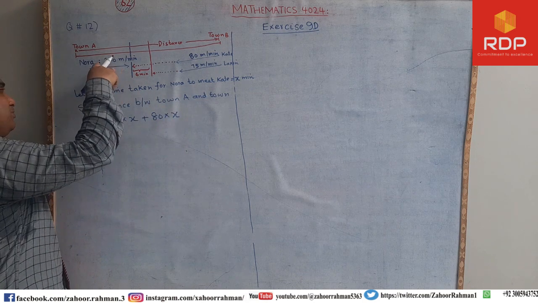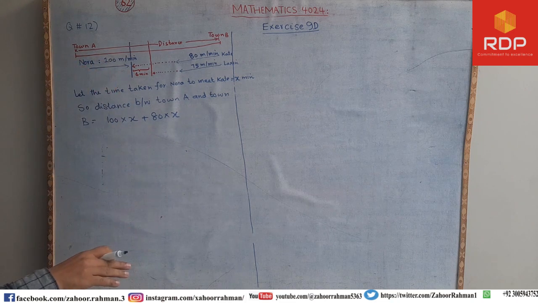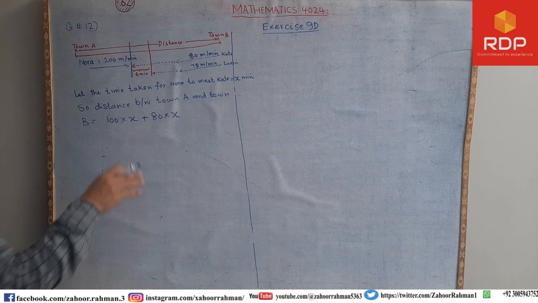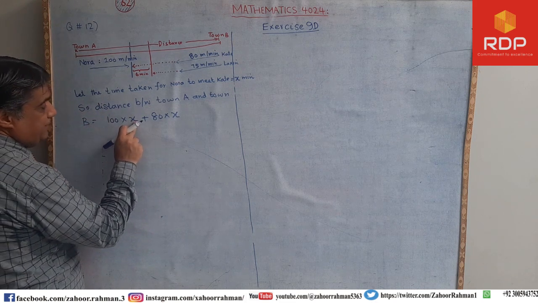Speed is equal to distance divided by time, so distance is equal to speed multiplied by time.